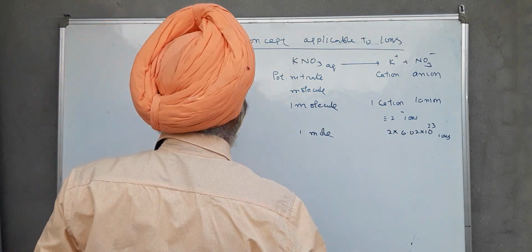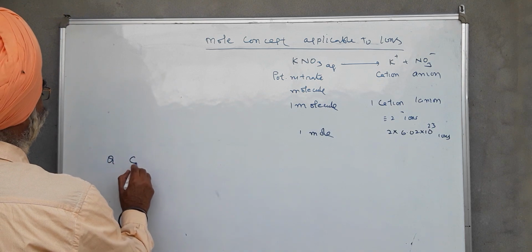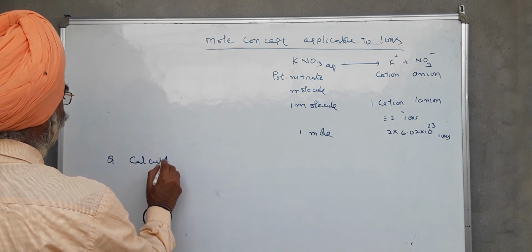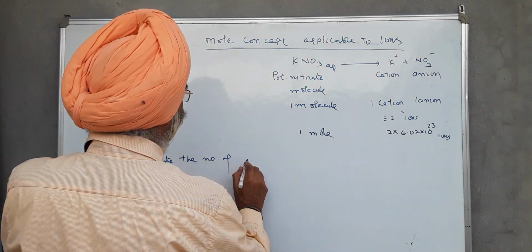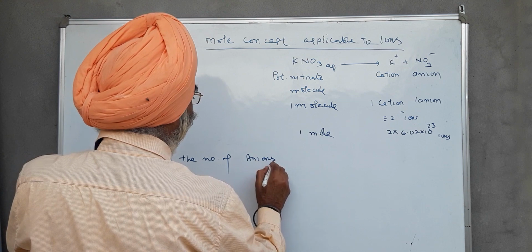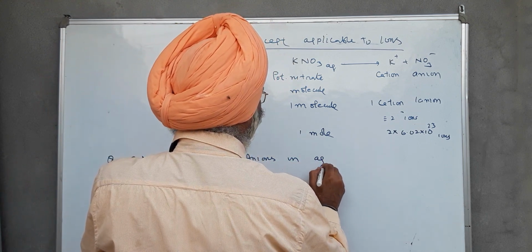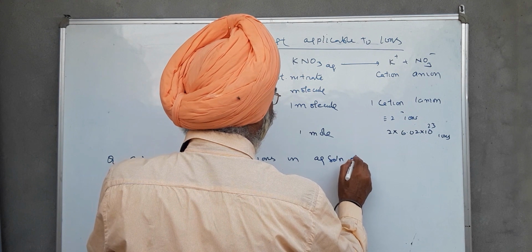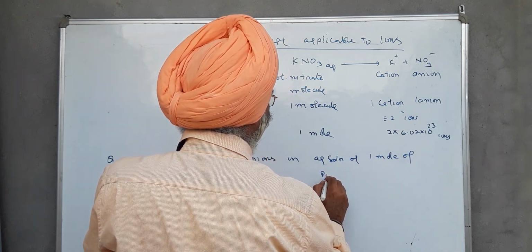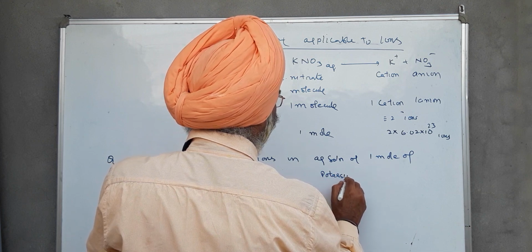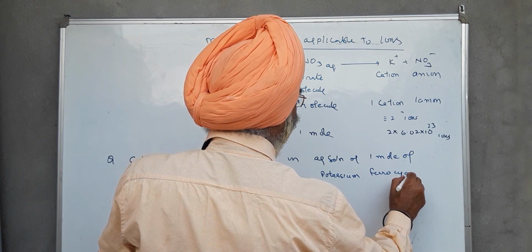We may attempt a problem: calculate the number of anions in an aqueous solution of 1 mole of potassium ferrocyanide.